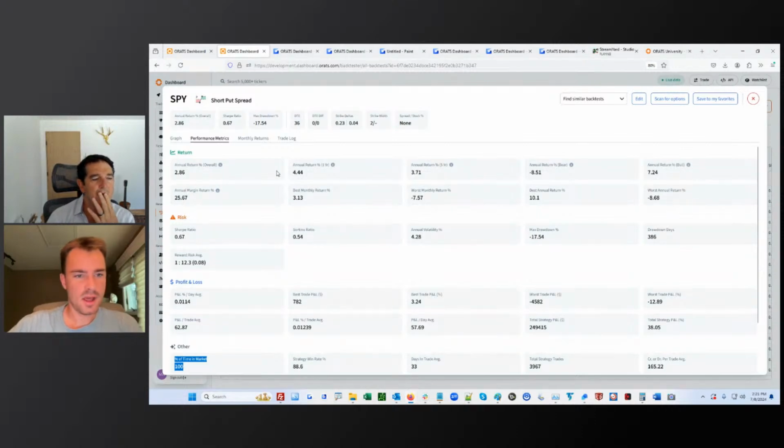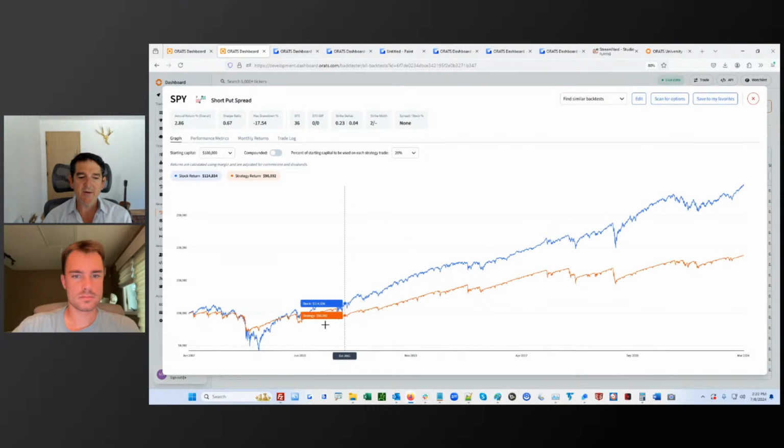Yeah, there's a lot of performance metrics here. We can look at the number of drawdown days. I think the short put has far fewer than the short put spread. That's on the right side in the risk category, 127 versus the spread has almost double that, 300. Yeah. The drawdown means how long it takes for you to get back to your high water mark.